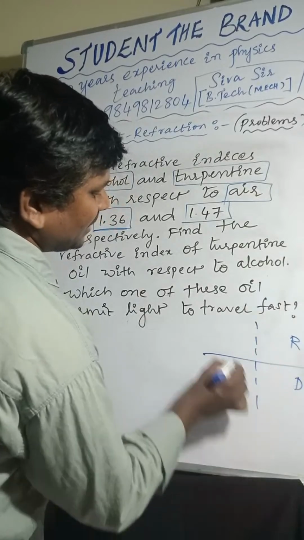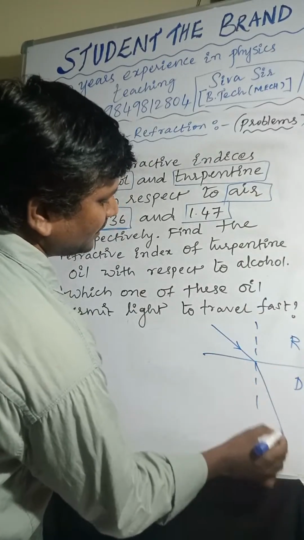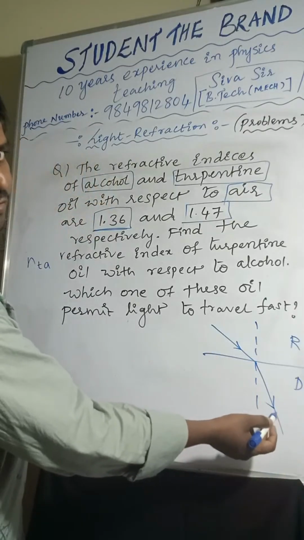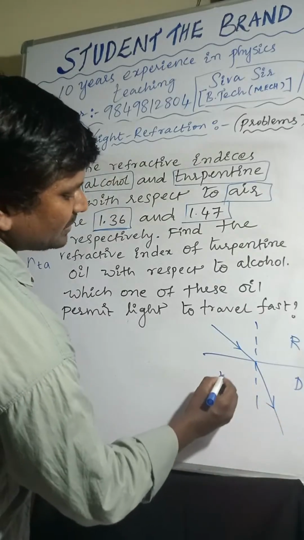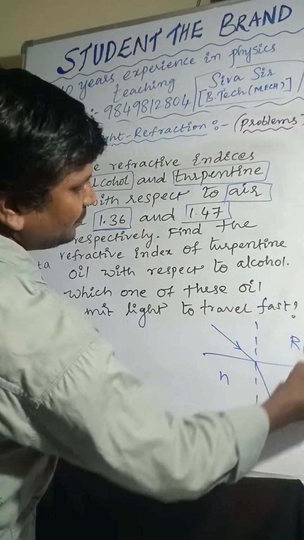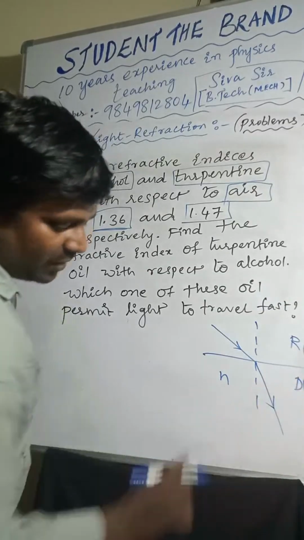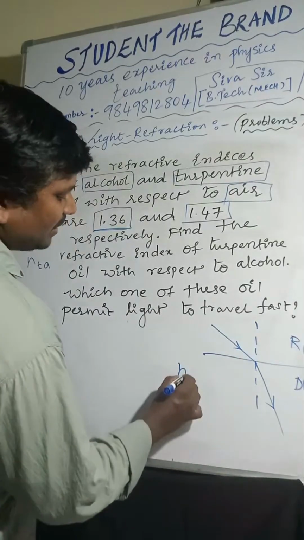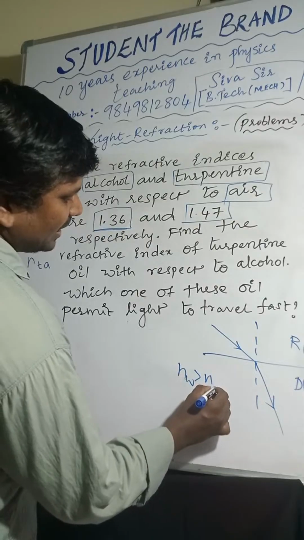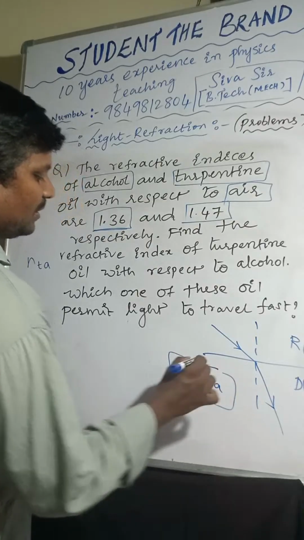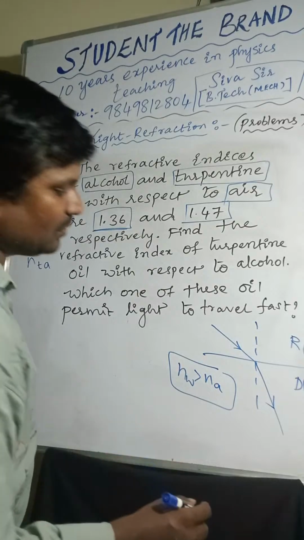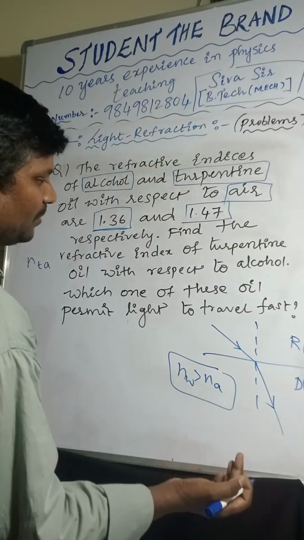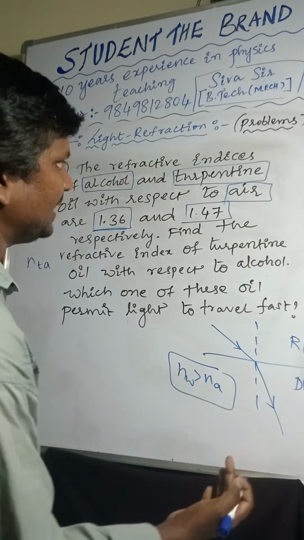If light is passing from one medium to another medium, the light ray will bend and move towards the normal line, because the refractive index of water is greater than that of air. By this statement, we can conclude that if the refractive index is more, speed will be less. If the refractive index is less, speed will be more.